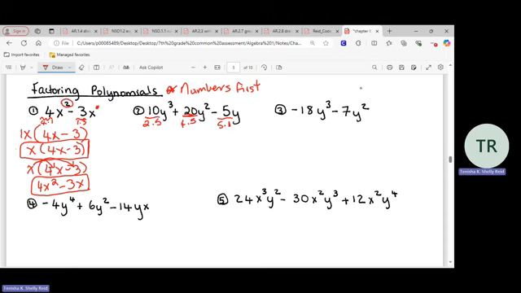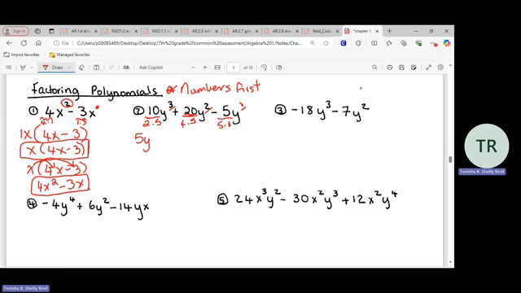So numerically, the greatest common factor is 5. Now look at the variables. This has y to the 3, y to the 2, and just y, which means it's y to the 1. Well, how many y's then can we take out from all three of them? Correct, 1 y.